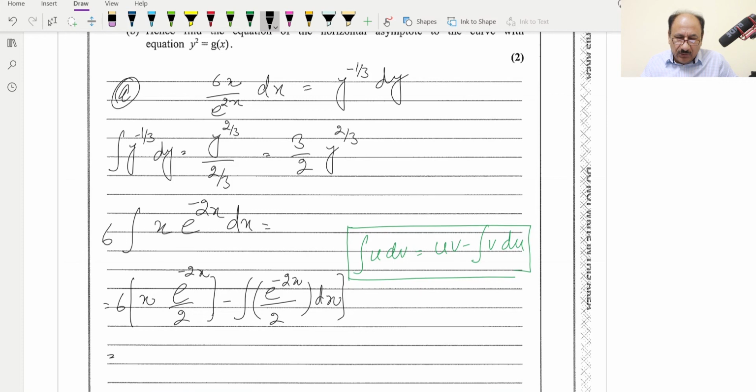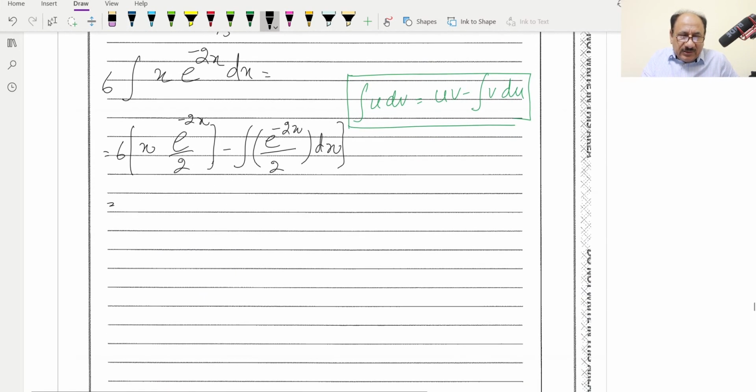Now, next step we can write 6 as it is, and the integral will be x e raised to minus 2x over minus 2 as it is, plus the integral of this will be plus 1 by 2 e raised to the power minus 2x over minus 2 here, and plus c.